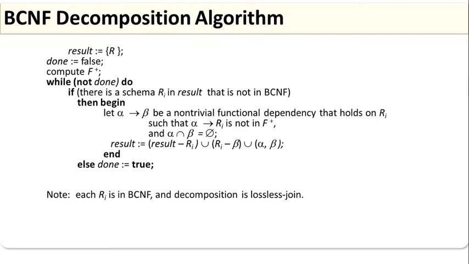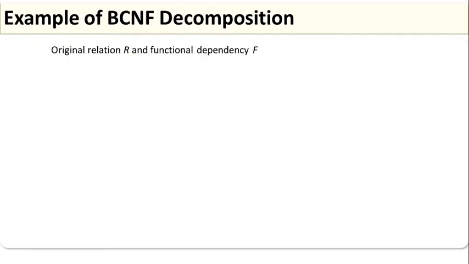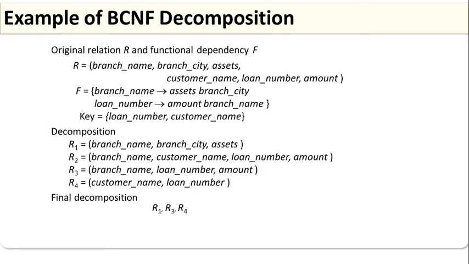Okay, so that is the case. You can perform set operations like union, intersection and minus, else done will be true. Okay, so then the original relation R and a functional dependency F.